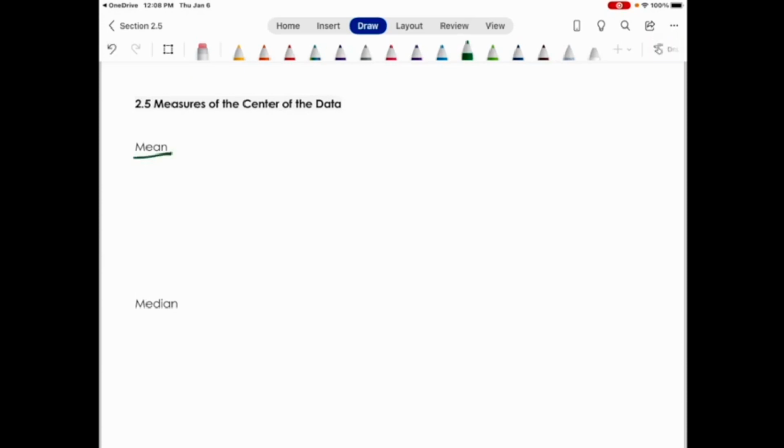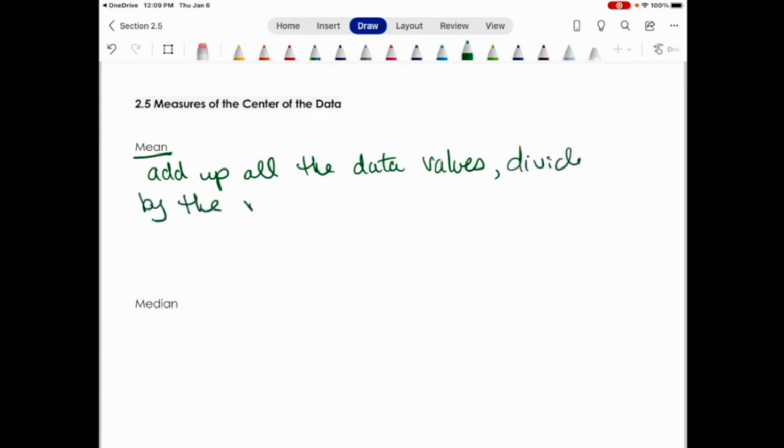The mean is the average that we're probably the most familiar with, which is where you add up all the data values and then you divide by the number of values that you have in the set.